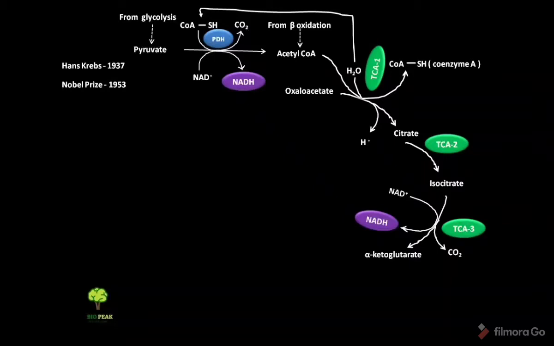Then the alpha ketoglutarate forms succinyl coenzyme A with the release of a CO2 molecule. Here also NAD plus is reduced to NADH. This step is named TCA4 and is catalyzed by alpha ketoglutarate dehydrogenase.